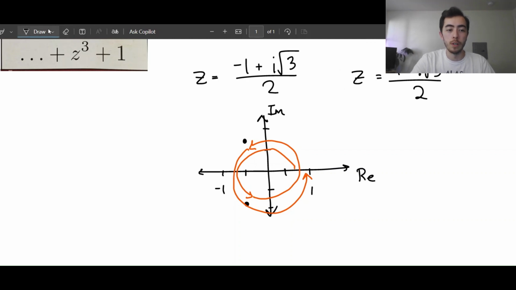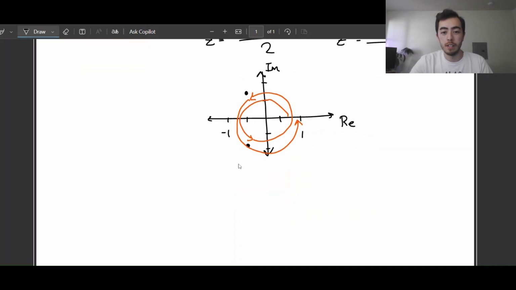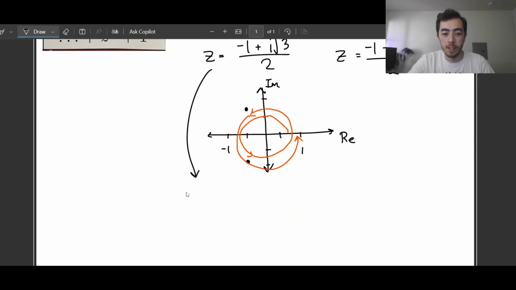And so whenever I do powers of that number, I'm not going to change its distance away from the origin. I'm just cycling it around the complex plane. So it doesn't matter what z I choose. I'll demonstrate that by saying that this z cubed is equal to 1, and also this z cubed is still just equal to 1.